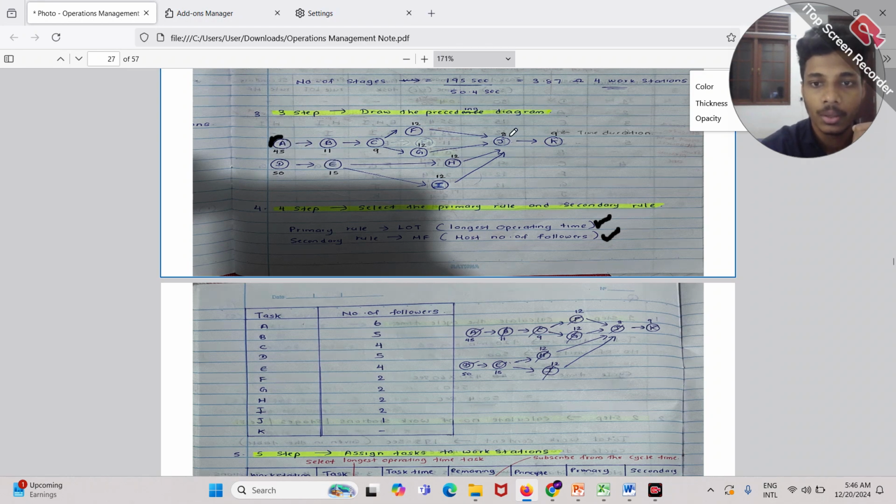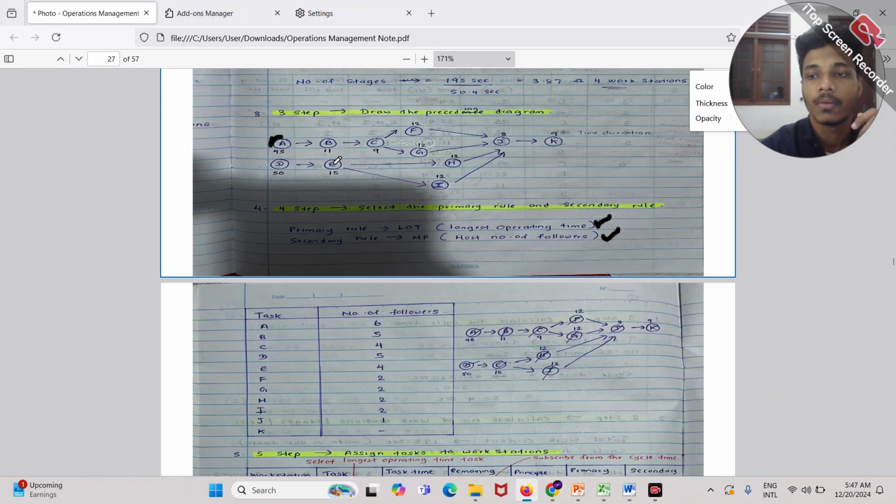Now look at this J. When we consider task J, the number of followers is 1, because J has only this K, right? Task K doesn't have any followers. No followers for K. When we consider this task E, there are 1, 2, 3, and 4.